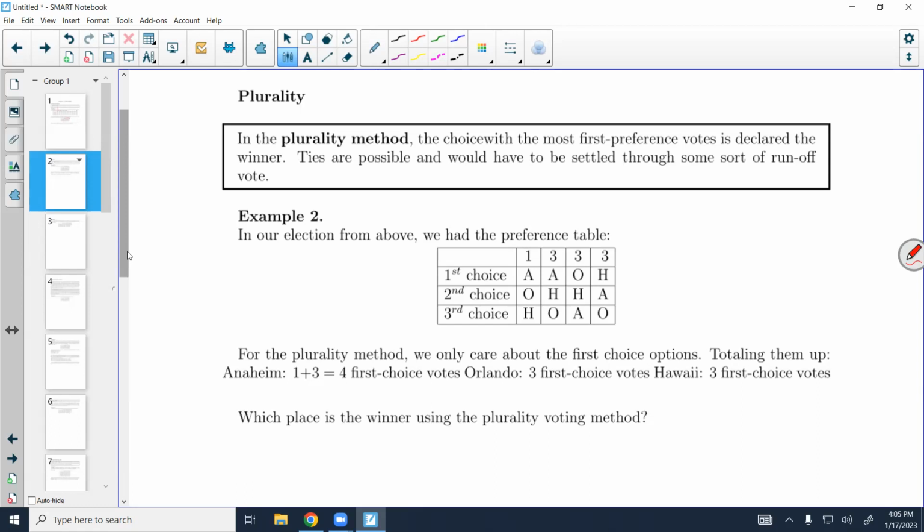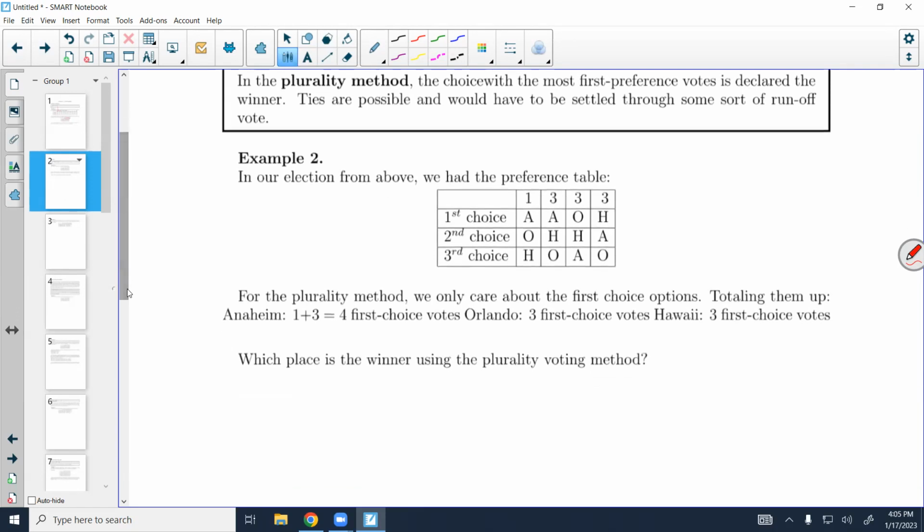So referring back to our original election, for the plurality method, we only care about the first place choices. Totaling them up, we have Anaheim here and here. So Anaheim has 4 first place votes. Then we have Orlando here. Orlando has 3 first place votes.